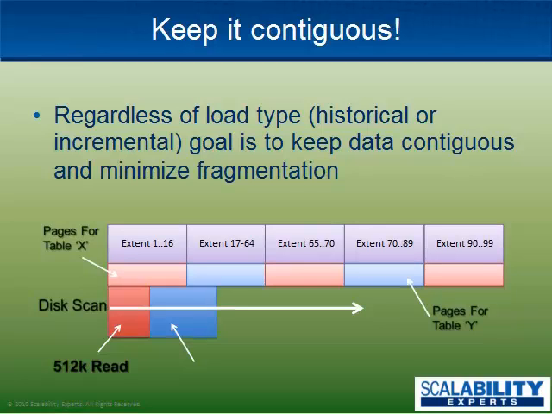The main goal of this is to keep our data contiguous, regardless of the load type, historical or one-time or incremental. The goal is to avoid fragmented data. And this example here shows how data can become fragmented. This is logical fragmentation, where I have data pages interleaved between my extents.